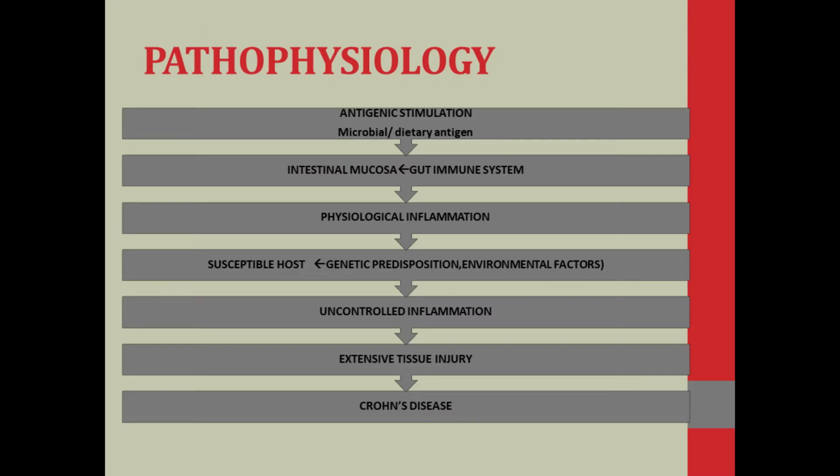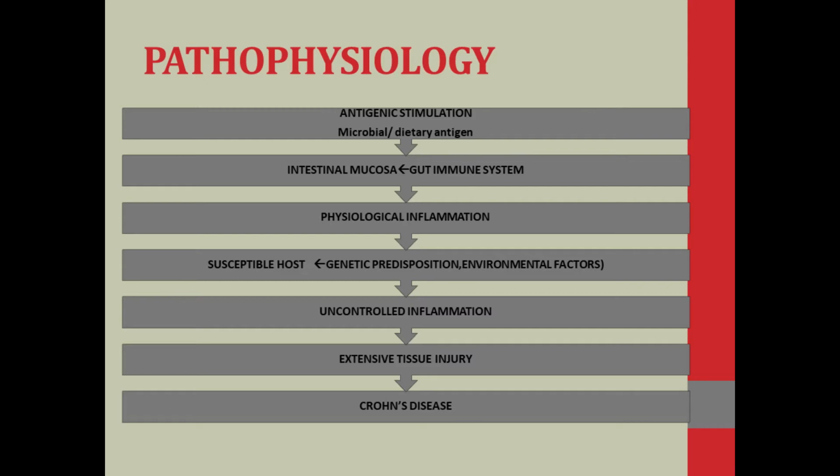Here is a brief pathophysiology of Crohn's disease. Due to antigenic stimulation, which can be microbial or dietary, there is an effect on the intestinal mucosa by activating the gut immune system, which causes a physiological inflammation.